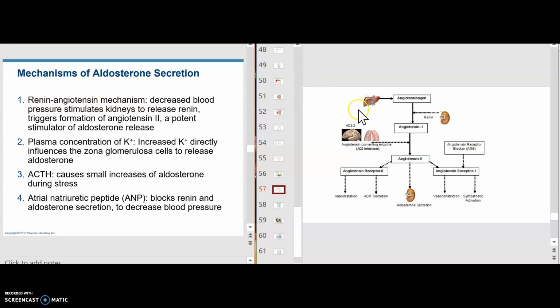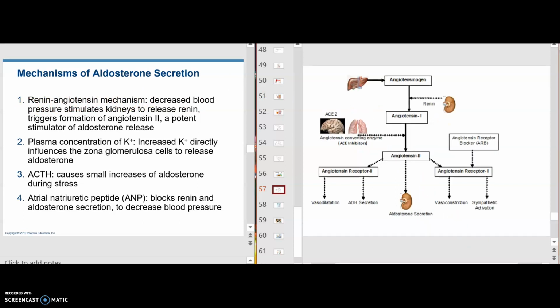So let's just look over here for a moment and discuss that in brief, even though we've already discussed it. The liver makes something called angiotensinogen. Renin, which is produced from the juxtaglomerular cells in the kidney, is an enzymatic secretion that will convert angiotensinogen to angiotensin 1.